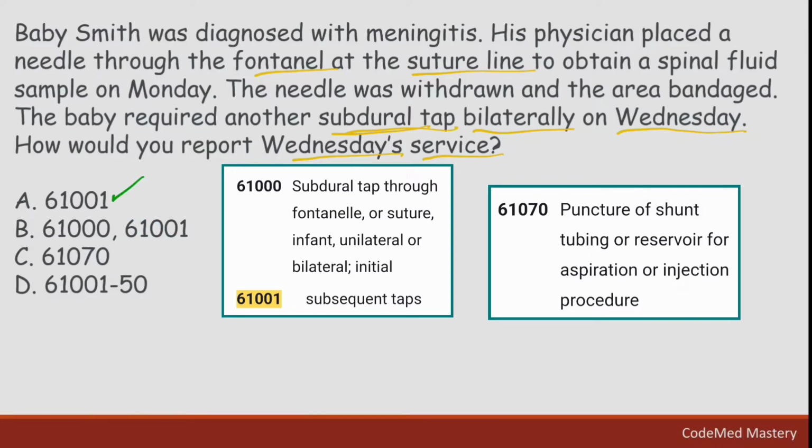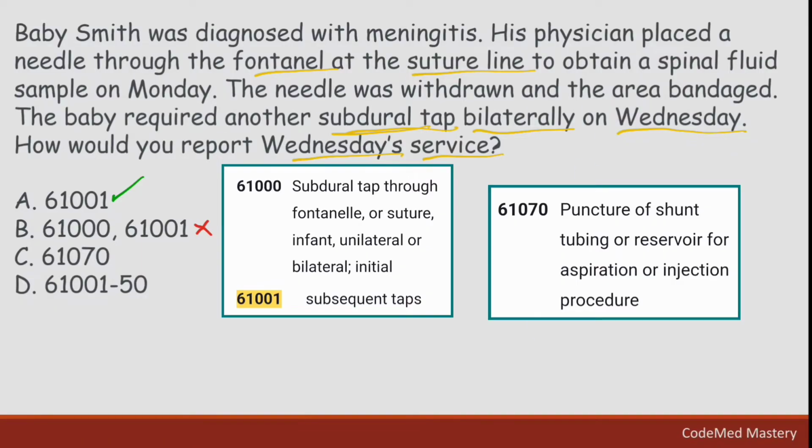We'll eliminate option B because the code 61000 is for initial, right? But we have to code for subsequent taps. Though they have mentioned 61001 as the second code, remember that 61001 is the indented code. So we have to code it alone to represent subsequent taps. We are not supposed to code it with the parent code. So eliminate option B. And option C 61070, that is for puncture of shunt tubing or reservoir for aspiration.